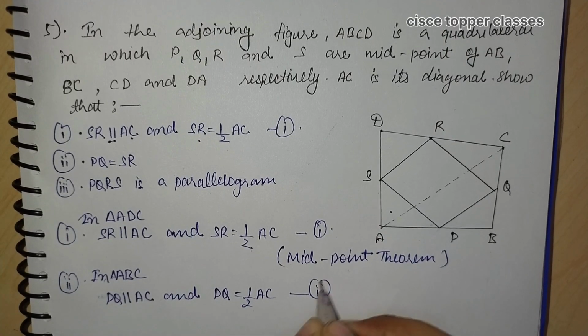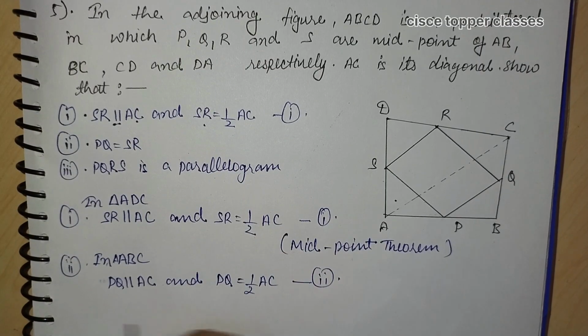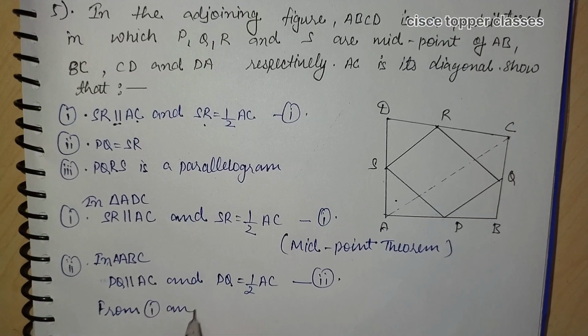Put it as the second equation. Here we have to prove that PQ is equal to SR. Simply from the first and second equation, we can write PQ is equal to SR, as this is equal to half of AC and this is also equal to half of AC.